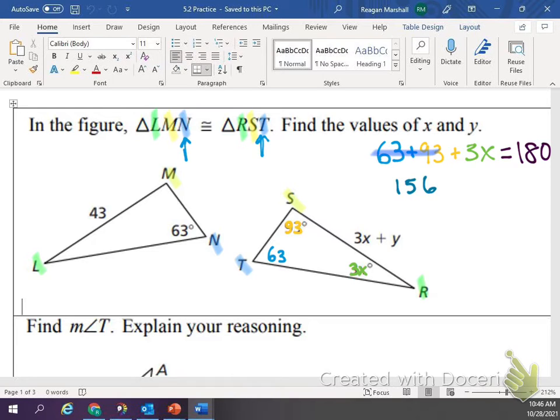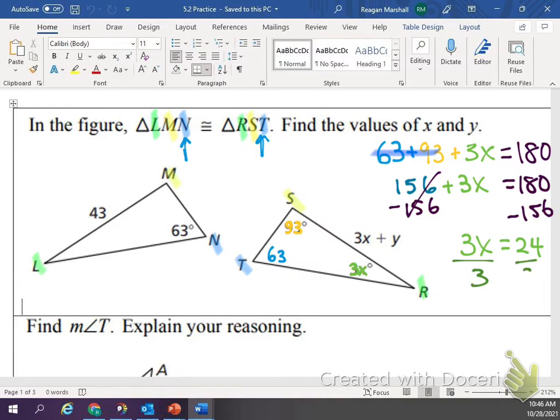Plus 3x equals 180. Go and subtract that 156 from 180. What do we get? 24. All right, divide by 3 and x is 8.